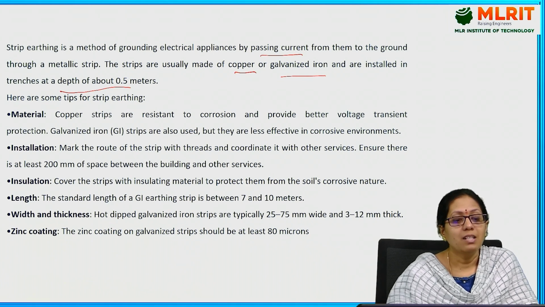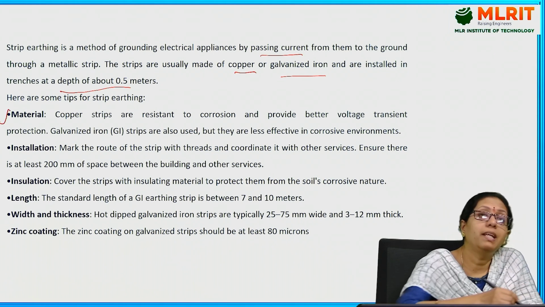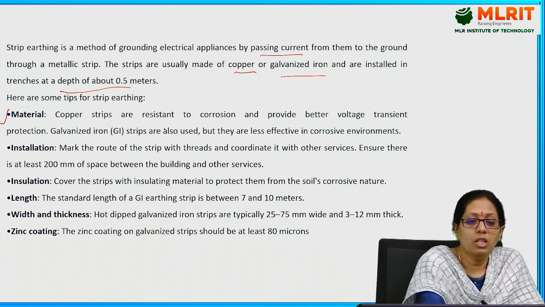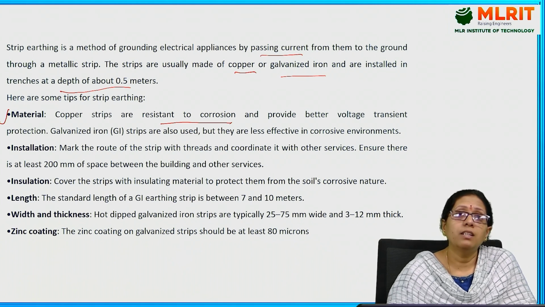So here are some tips for the strip earthing. Previously we used a pipe. Now instead of a pipe we are using a strip. The first one is material. Copper is used for strips, and copper strips are resistant to corrosion, because they are placed inside the earth, and water may be there, and soil may have some kind of salt.